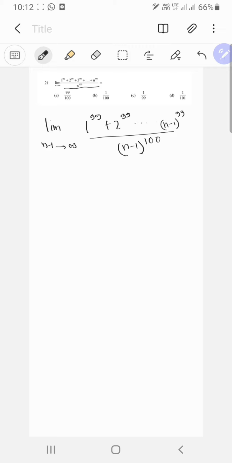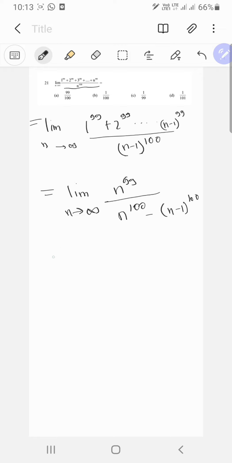So now we can use the theorem on equal ratios for these things. This is also going to be equal to the limit as n approaches infinity of, subtracting the numerators, n power 99. Subtract the denominators, so n power 100 minus n minus 1 power 100.